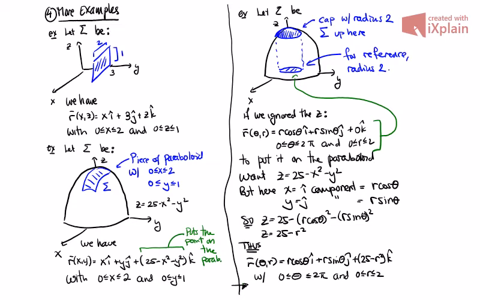And again, in this case, it's this third coordinate right here that puts the point on the paraboloid. That's the 25 minus x squared minus y squared, where the x and the y are given by r cosine theta and r sine theta, respectively. So again, side by side, they're both pieces of the paraboloid, this one and the previous one, but the rectangular piece uses x and y, and the disc-like piece uses r and theta.